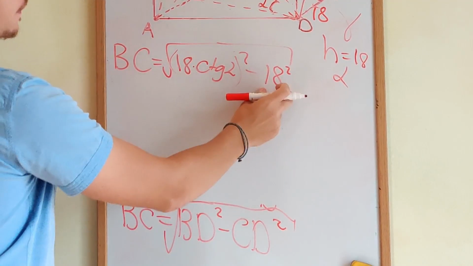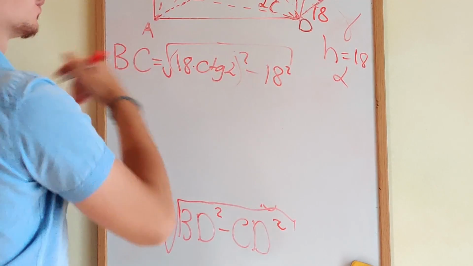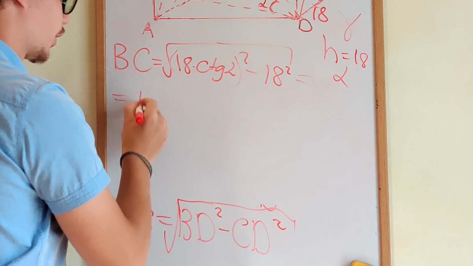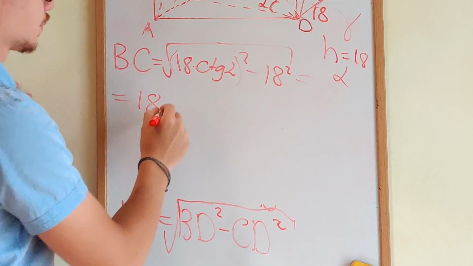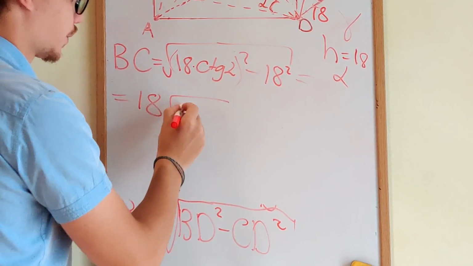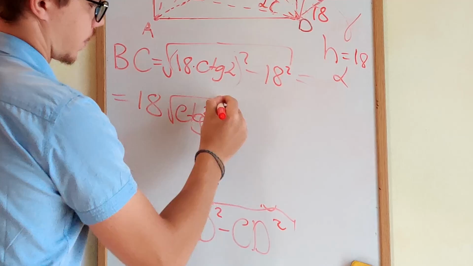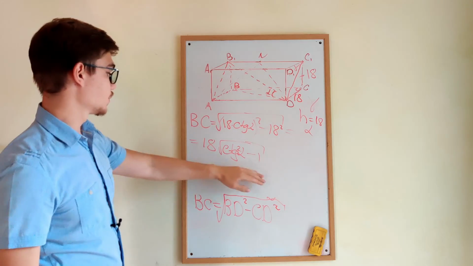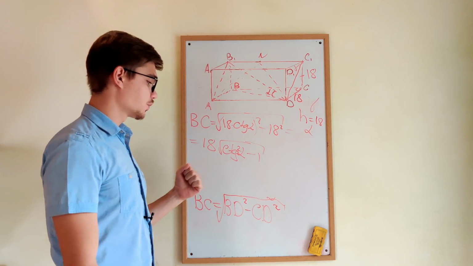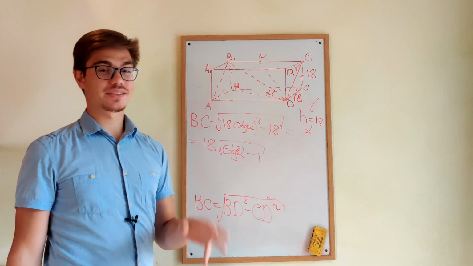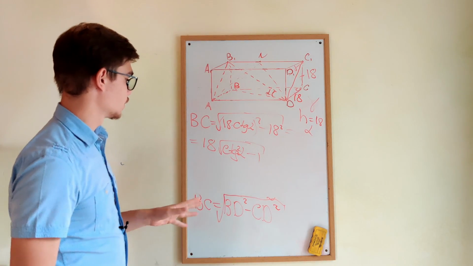Now we extract 18 squared out of the square root. It becomes just 18 without the square. And we're left with the square root of cotangent of alpha squared minus 1. Now this can be simplified using trigonometry, but I will do it at the end, at the final result.